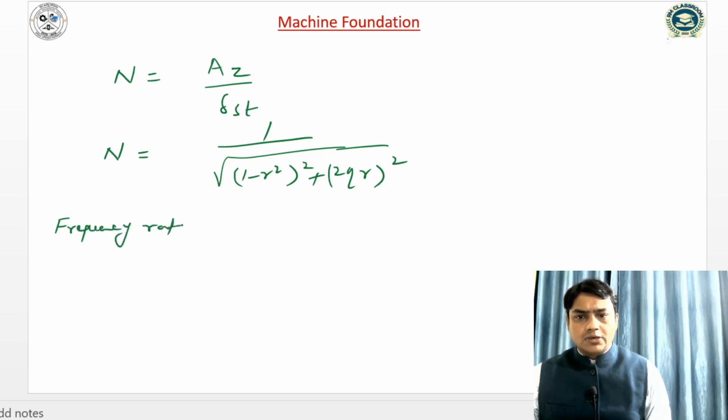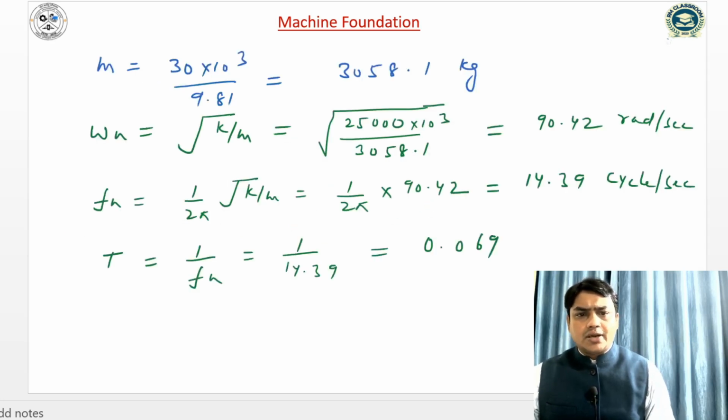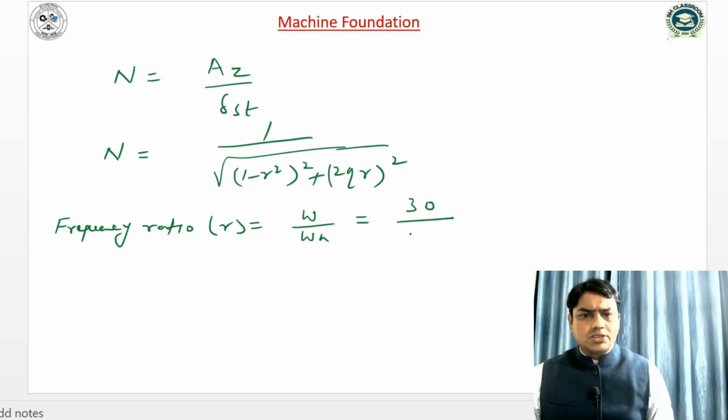Frequency ratio r is operating frequency by natural frequency. Operating frequency is 30 and natural frequency we have computed, that is 90.42. So 30 divided by 90.42 is coming 0.332.